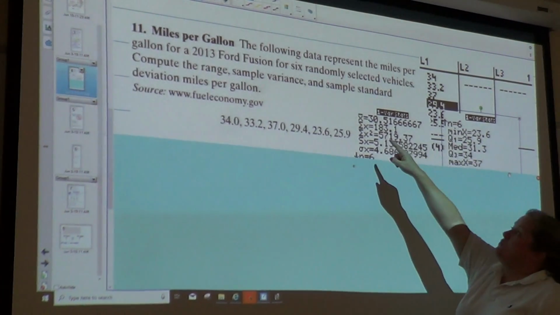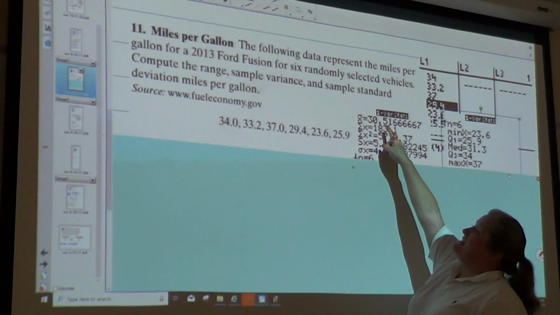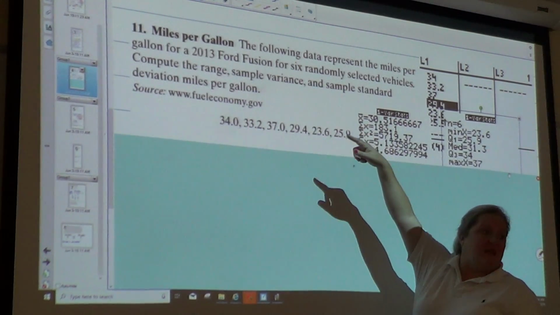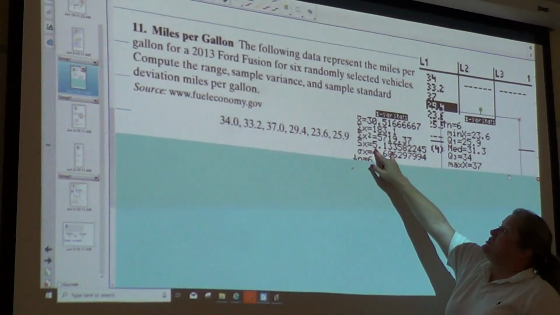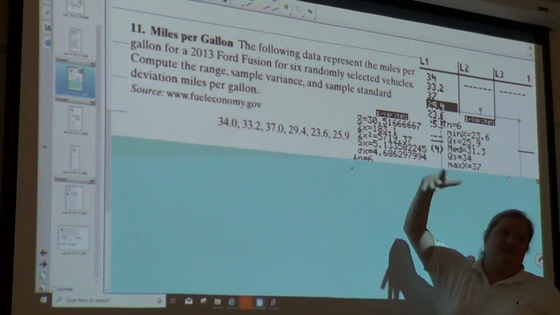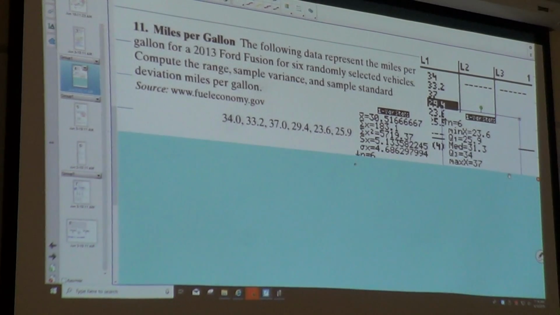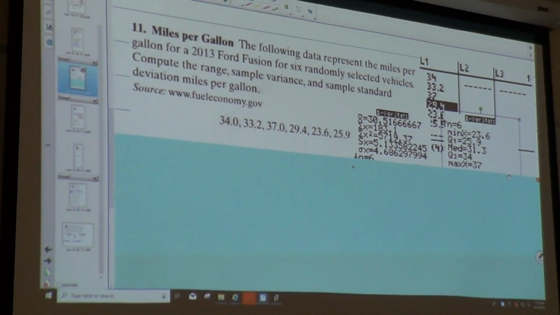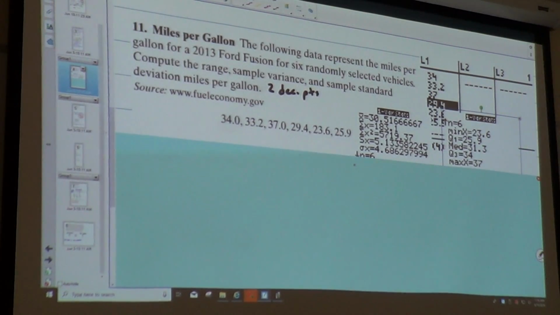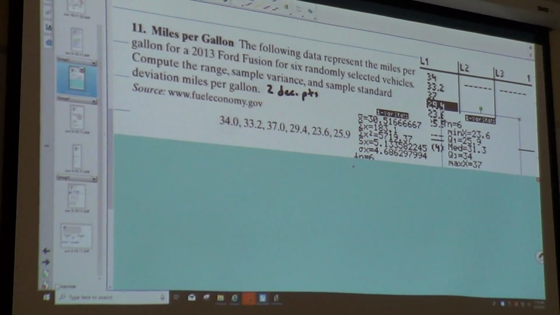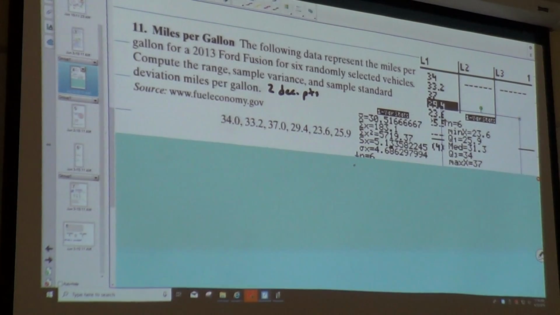My next question was variance and standard deviation. They both want the sample, so which one am I going to be looking at? The SX. So I'm going to take the SX, let's say we want it to 2 decimal points. You know my math lab is going to tell you. So let's go to 2 decimal points. So it would be 5.13.